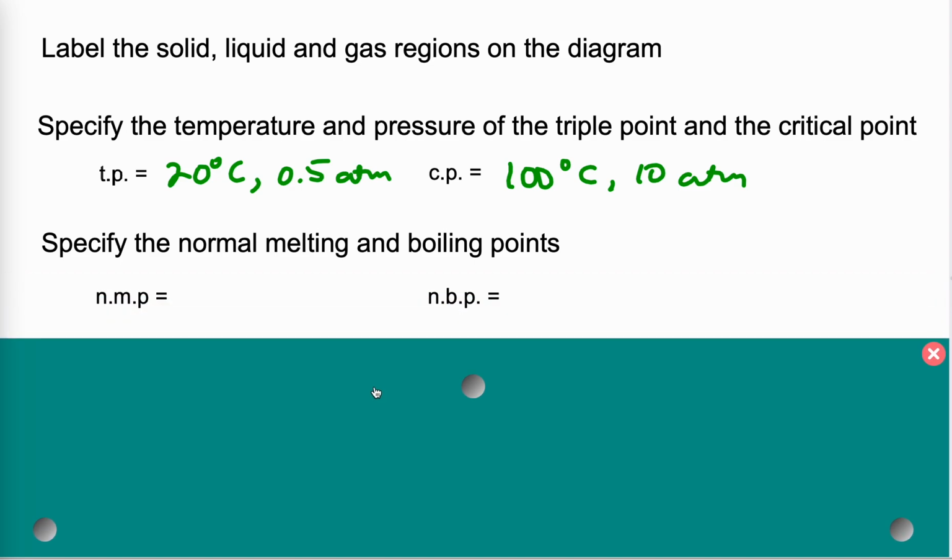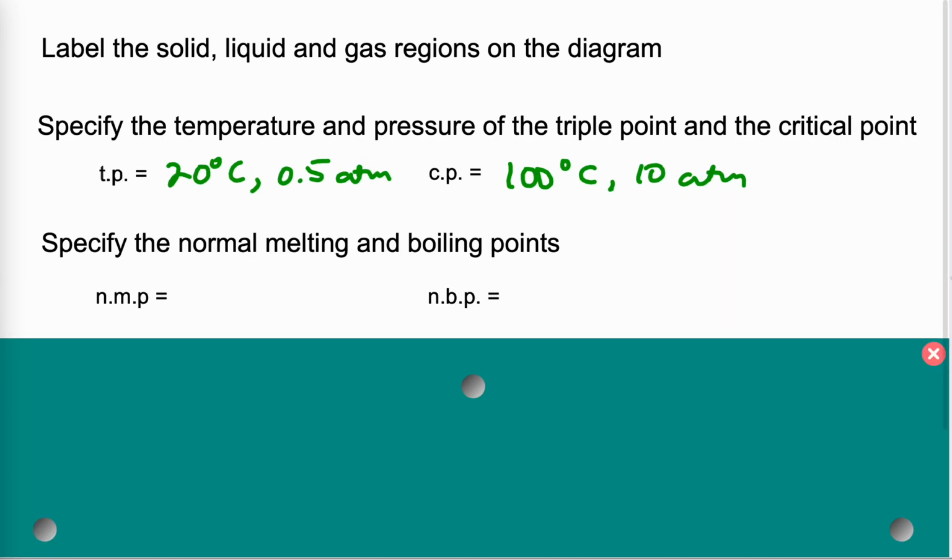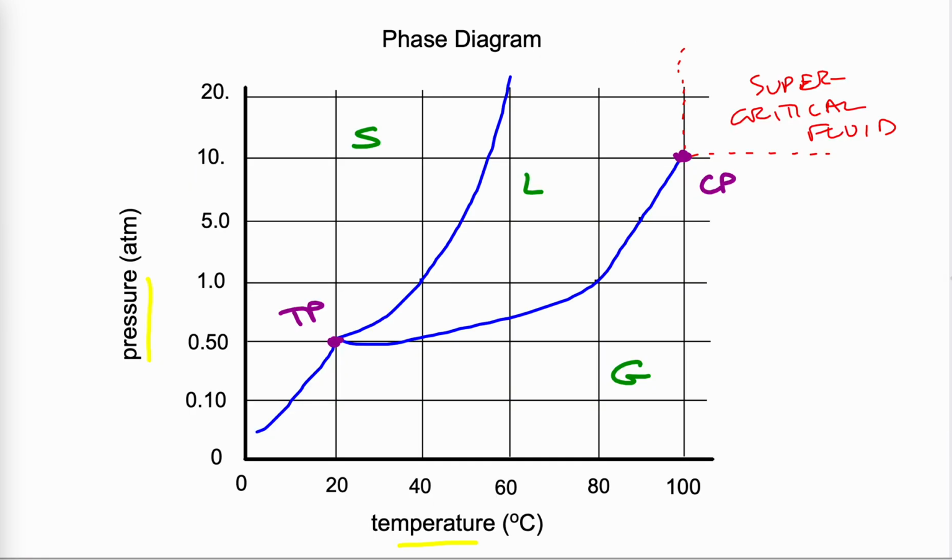Specify the normal melting and boiling points. Now, we said that the normal melting and boiling points are temperatures at which two phases are in equilibrium at a pressure of 1 atmosphere. So I'm going to record what 1 atmosphere looks like.